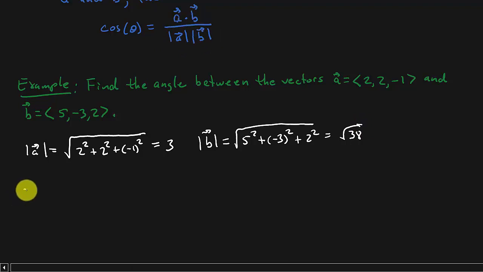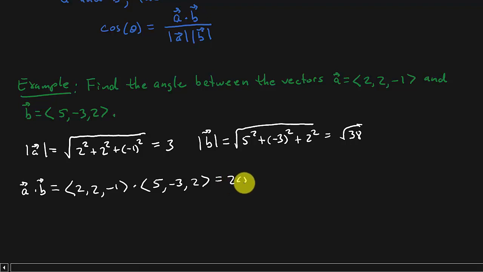Now we need the dot product. So the dot product is equal to, let's write the vectors out so you can see it well. I'm sure this isn't very difficult for you, but there might be some people watching who don't understand.